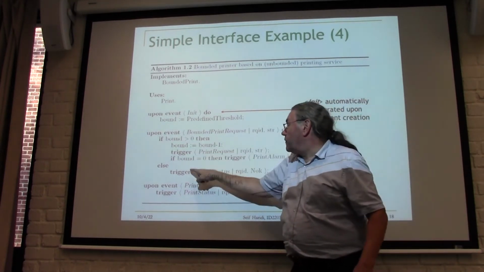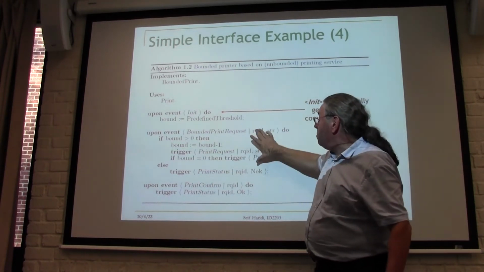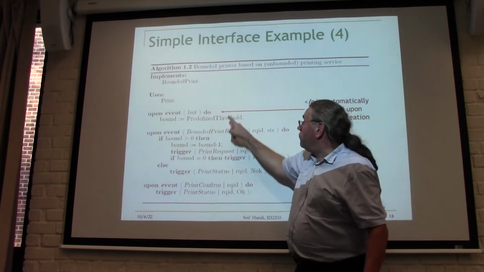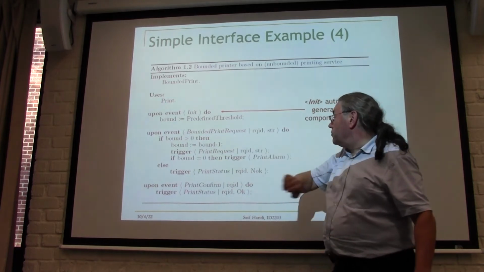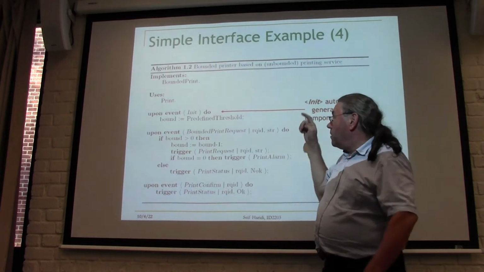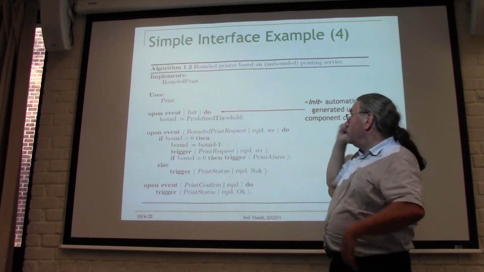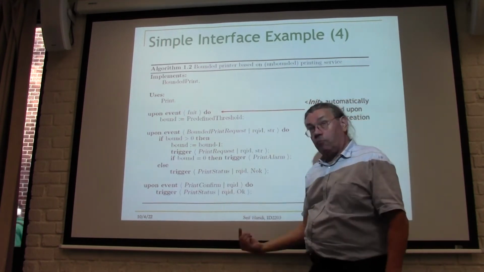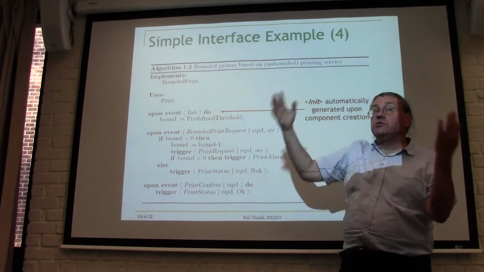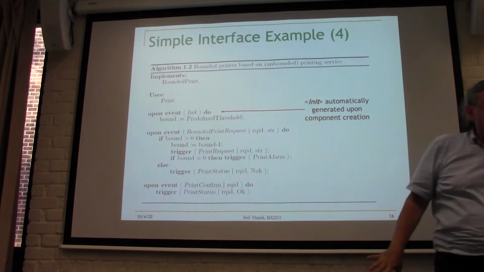It's doing sends here, and I have three pieces of code that wait for messages: init, bounded print request, and print confirm. And messages are going up and down. Bounded print request goes down, print confirm goes up. So this is the kind of code we'll be writing. Okay?